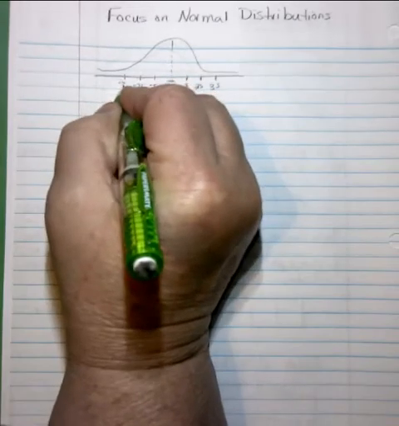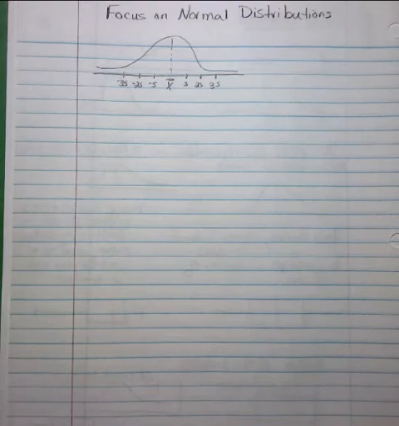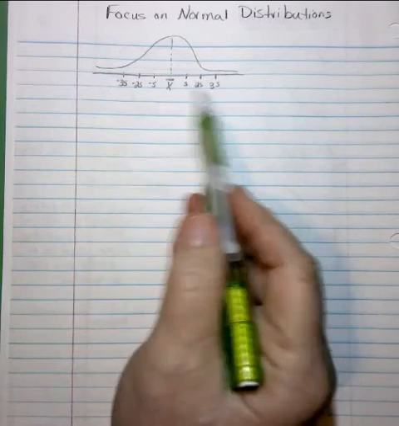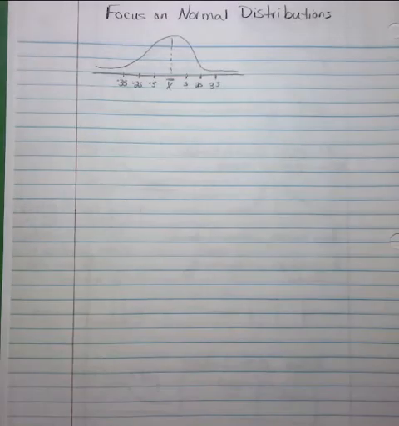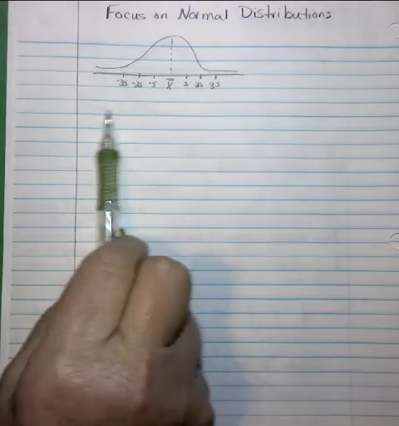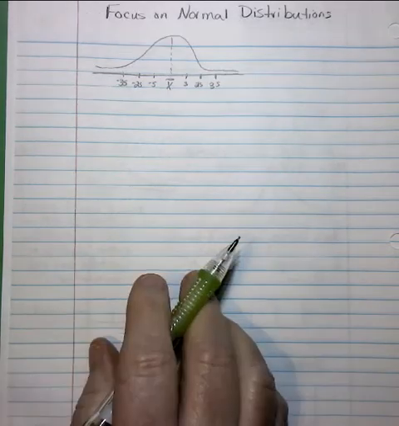And when we're dealing with normal distributions, we don't usually use units beyond positive and negative 3 deviations away, because most of our data is going to be within 3 deviations. Usually it's going to be an outlier if it is beyond those 3 deviations.